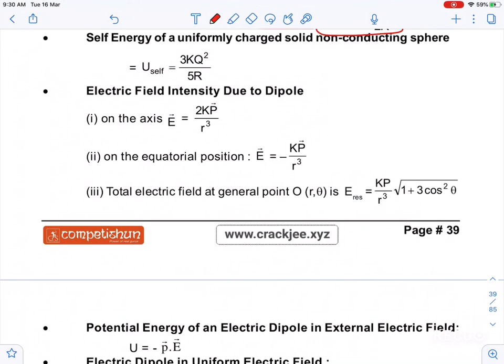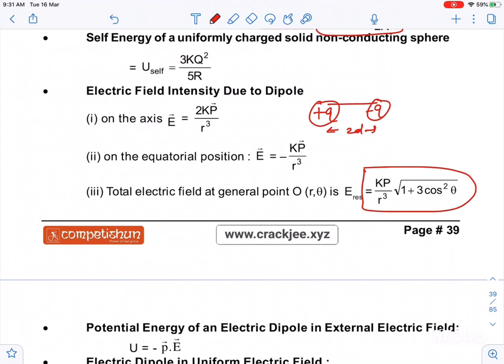Now dipole is the most important thing. Electric field at any position of dipole, guys, you should remember one formula, that is this one. Suppose this is a charge, and actually dipole, I'll make this plus q and minus q. Two equal and opposite charges kept at very small separation form a dipole.